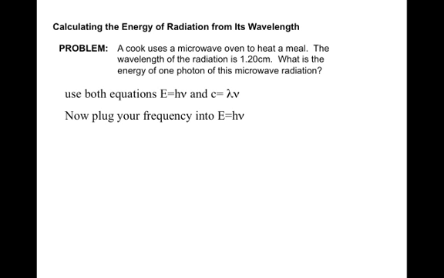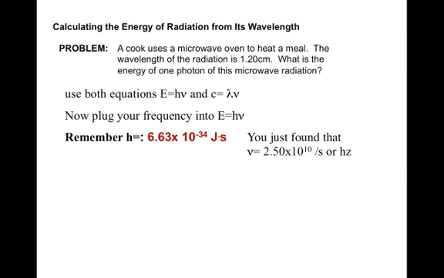So remember, Planck's constant is 6.63 times 10 to the negative 34th joules times seconds. And we just found out that the frequency is 2.50 times 10 to the 10th per second, or hertz. So we have our equation, E equals hν. What I want you to do right now is go ahead and solve for the energy and see what you get.